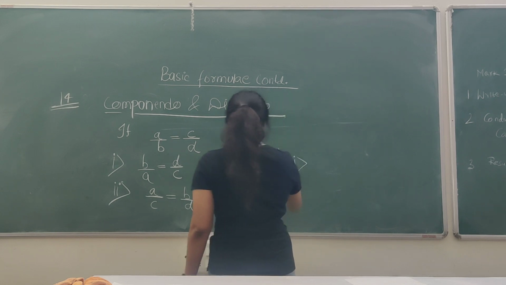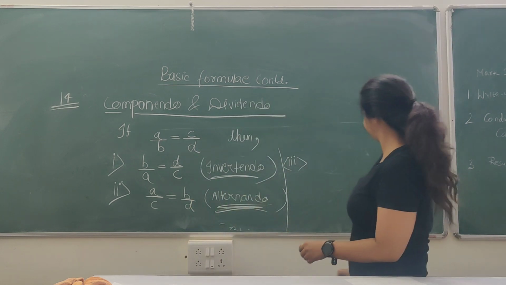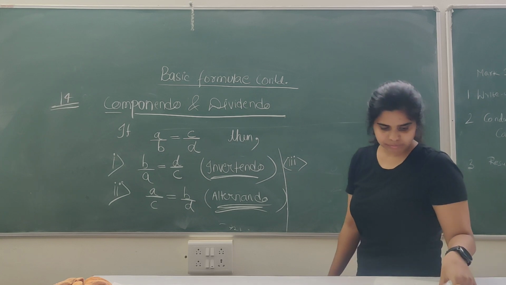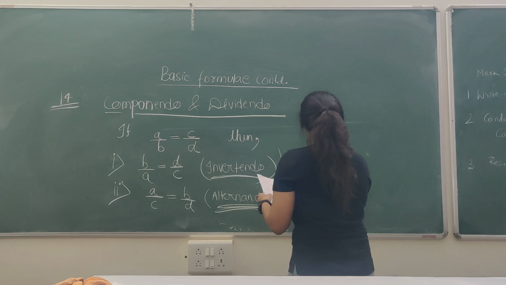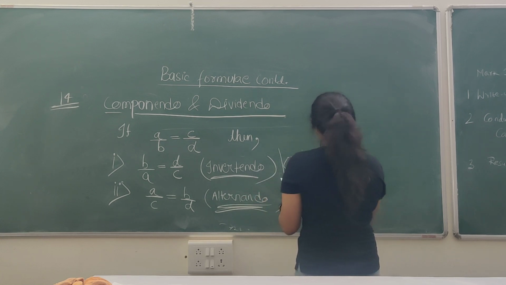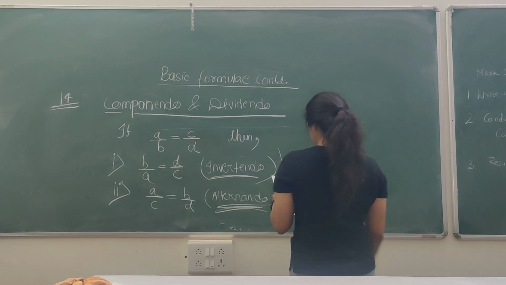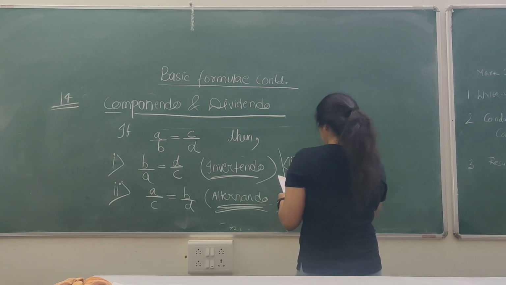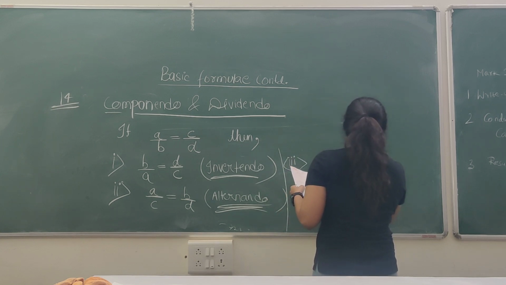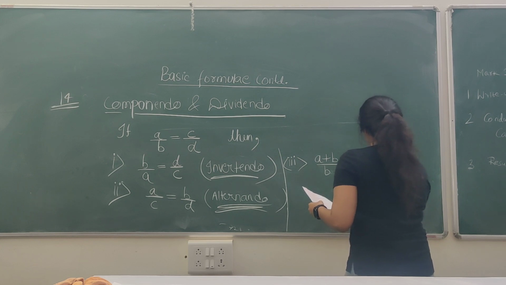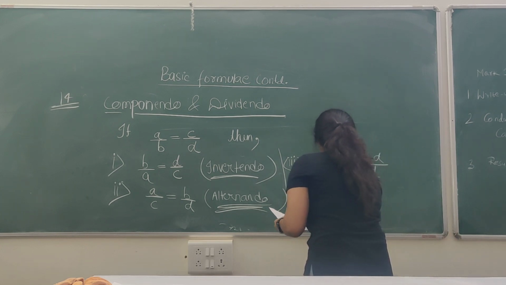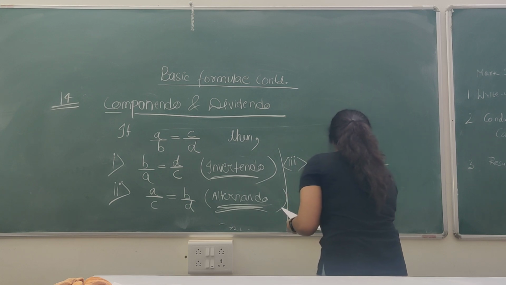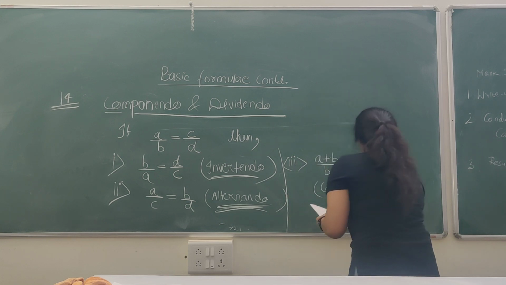Okay, now see the third one. Third one says, if a by b equals c by d, then a plus b upon b is equal to c plus d upon d.